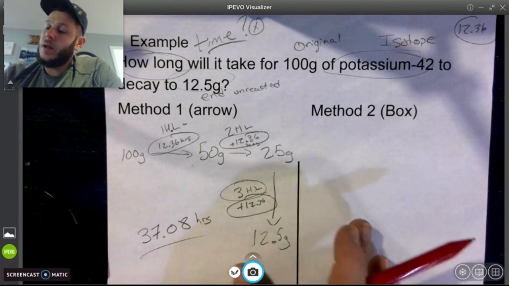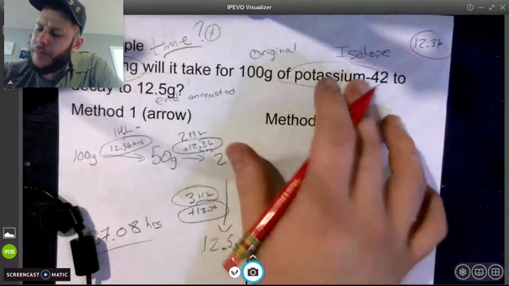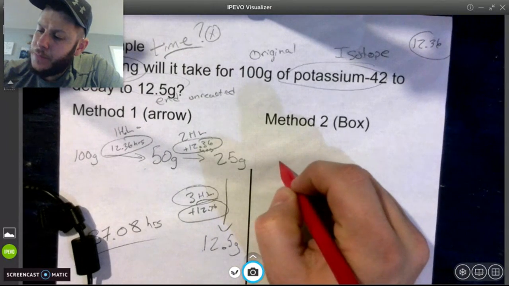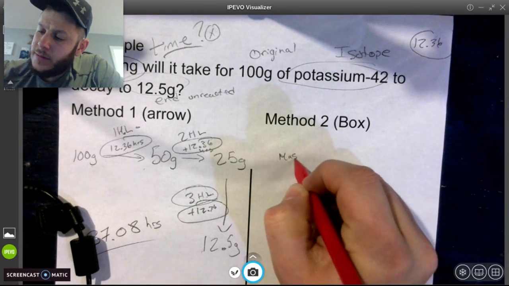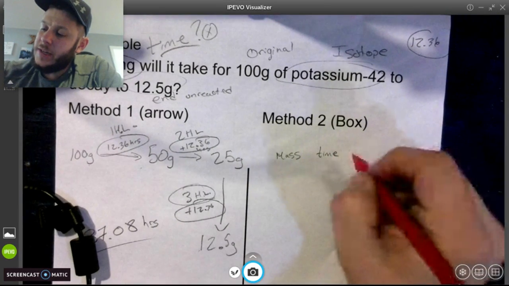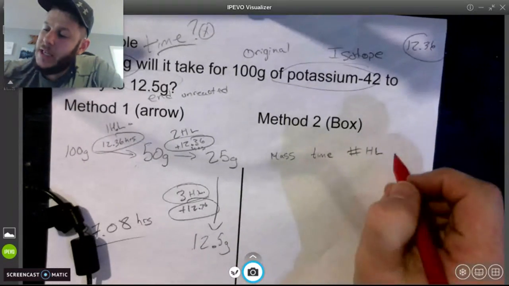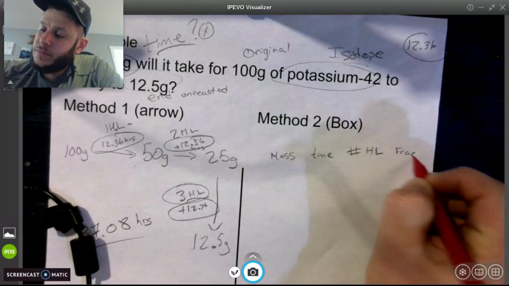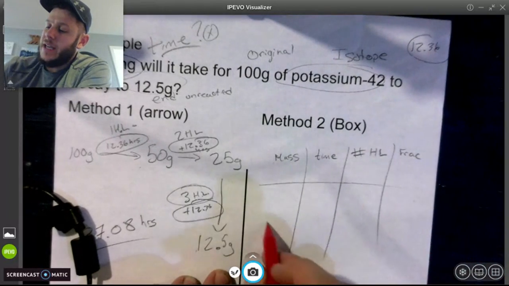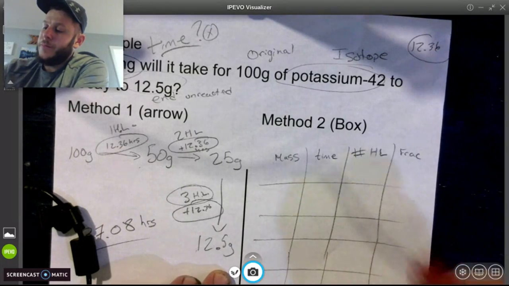All right. The box method, a little bit more comprehensive. There are four titles in the boxes. There is the mass, there is the time, there is the number of half-lives, and then there is the fraction. You don't always use all of them, but it's always good to know what each of them is.